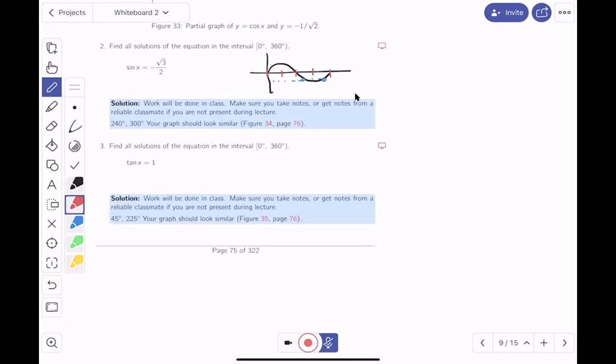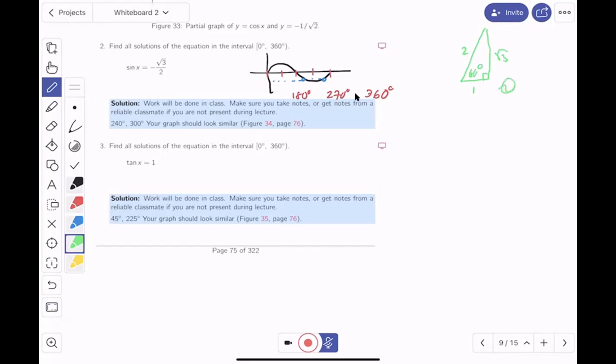So the first one hits between 180 and 270, and the second one hits between 270 and 360. What am I doing? I'm looking for a reference triangle. So I'll put the reference triangle down for you. It looks sort of like this over here. That's going to be root 3, 2, 1, and you should recognize that to be 60.